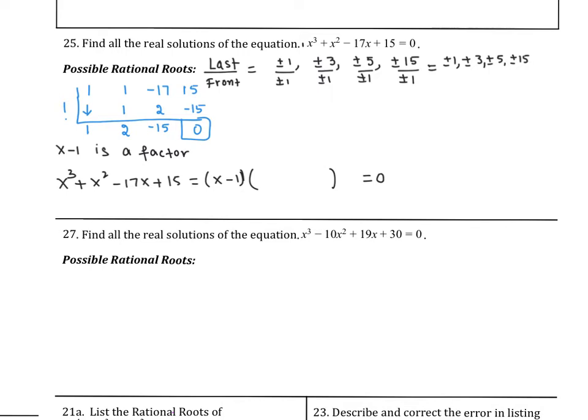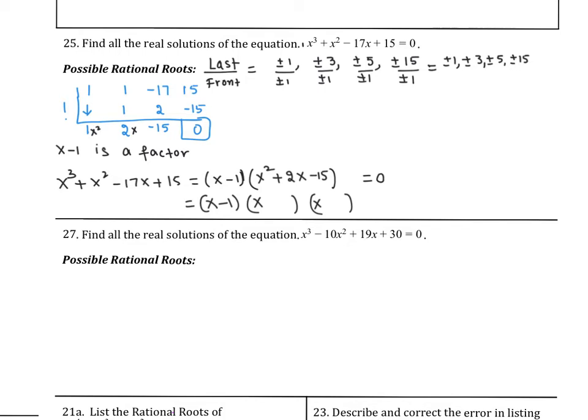The other factor is from this quotient, x squared plus 2x minus 15. Then we are going to make two factors out of this quadratic, x and x here.